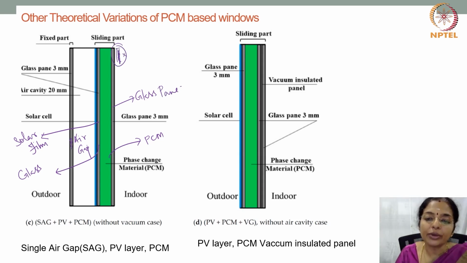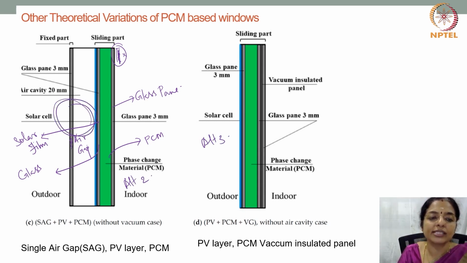Then you can have another variation, where this I will call alternate 2 and this alternate 3, where you are completely removing this. That is one glass and one air gap you are removing.